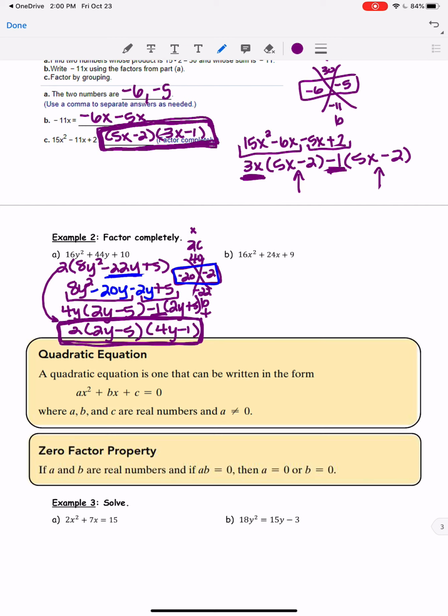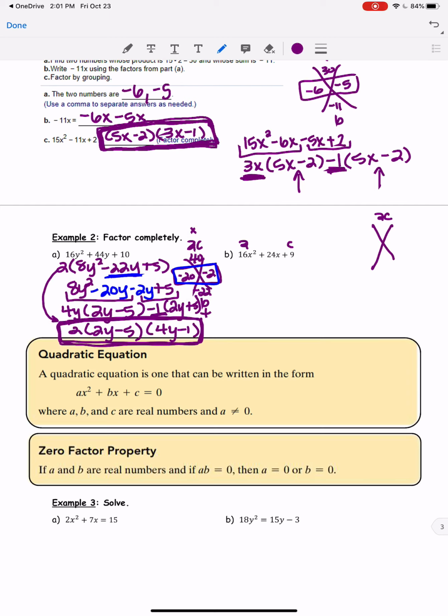Okay, again, it's not hard, it's just more steps. On B, look for a GCF. I don't have one, so we'll go straight into our X. My A times C is 16 times 9.